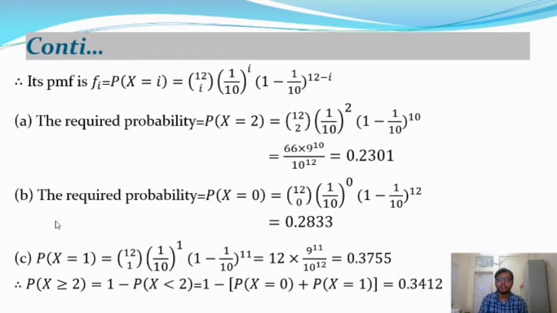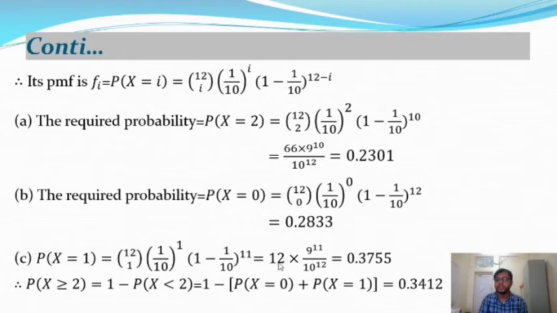And after that we will find the probability of x greater or equal to 2. That means at least 2 pens are defective, and the required probability is probability of x greater or equal to 2, that means 1 minus probability of x less than 2. And probability of x is equal to 1 will be 12c1 into p to the power 1 into 1 minus p whole to the power 12 minus 1, that means 11.